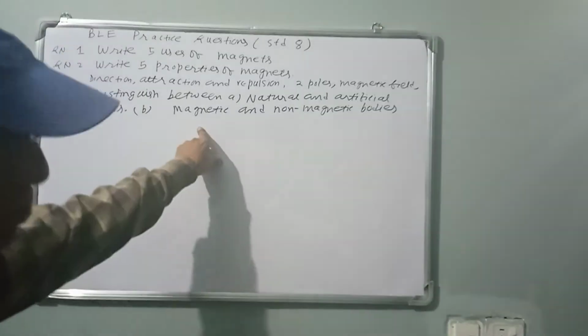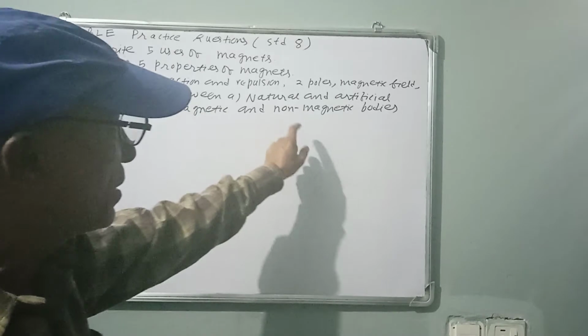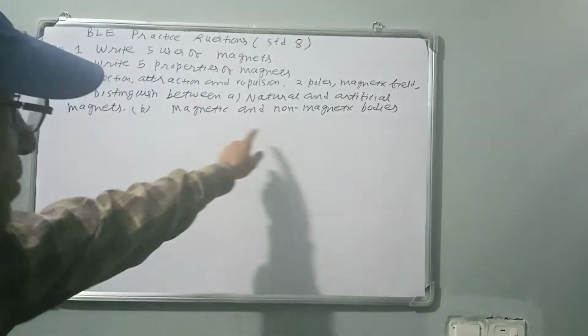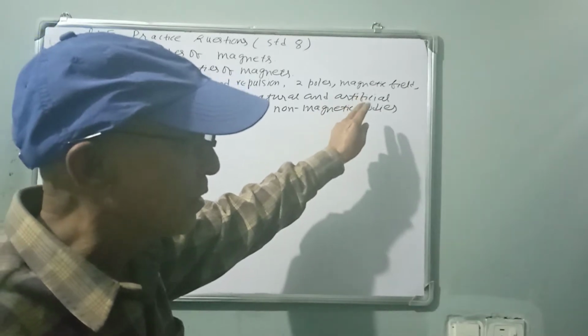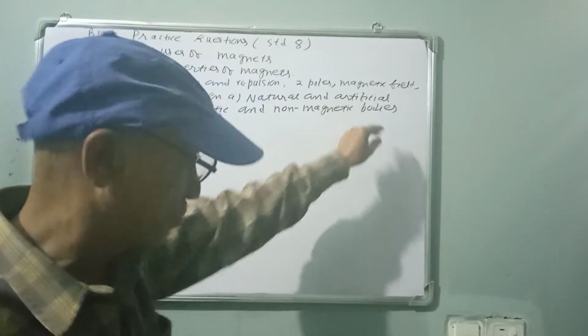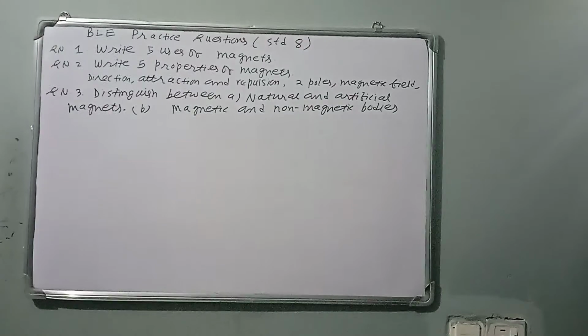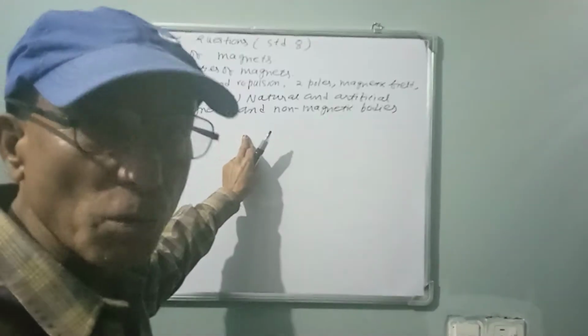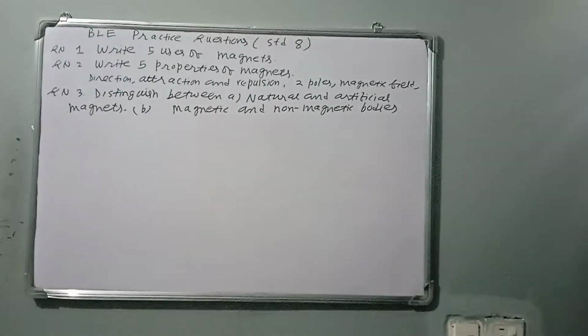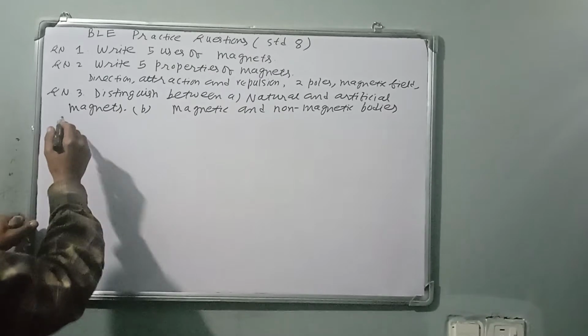Give examples of magnetic bodies: iron, cobalt, nickel. Non-magnetic bodies: wood, copper, silver, gold, and so many others. Although they are metals, they are non-magnetic. Distinguish between them. You can write so many others.